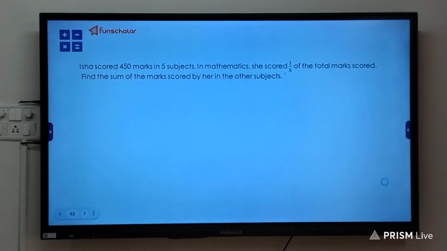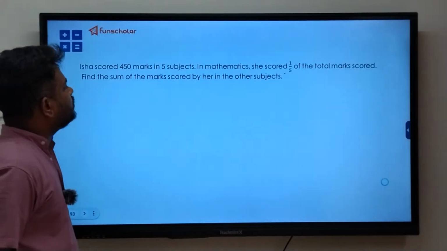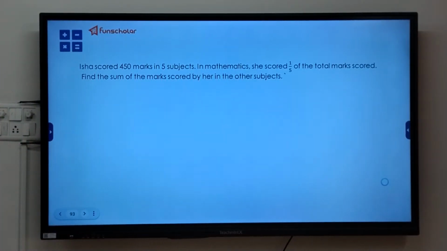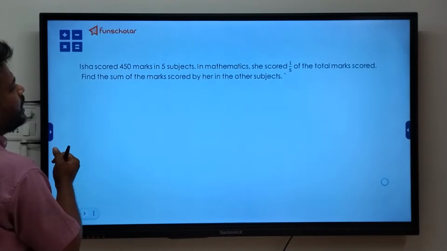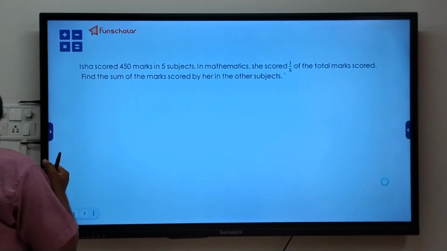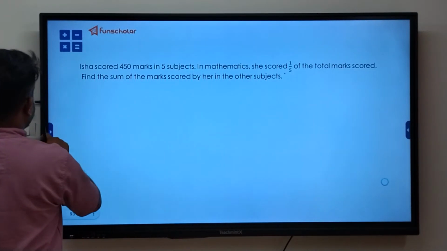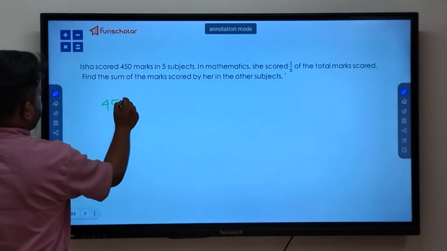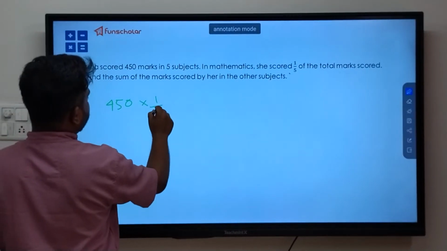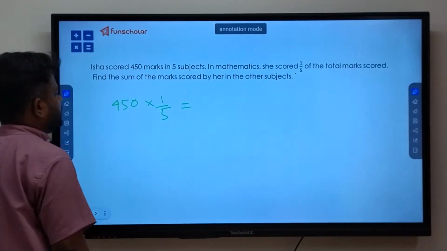And the next one: Isha scored 450 marks in 5 subjects. In mathematics she scored 1/5 of the total marks scored. Find the sum of the marks scored by her in the other subjects. So she scored a total of 450, out of which 1/5 consists of the marks of mathematics.